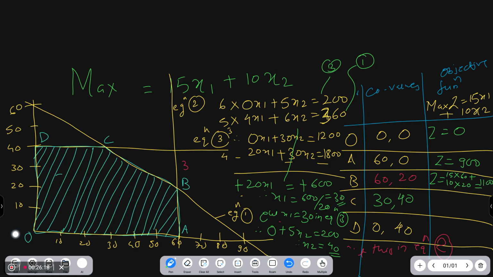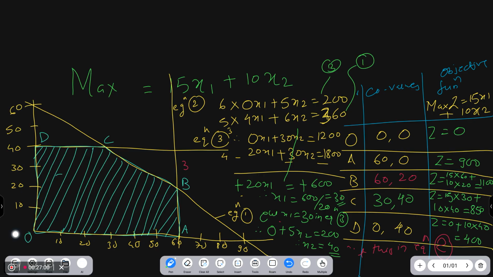No. Next, that is our next value. Z is equal to 15 multiplied by 30 plus 10 multiplied by 40. What is the final value of this one? 850. Okay. What about the last one? It becomes 0, and z is equal to first term 0 plus 10 multiplied by 40. It becomes 400.